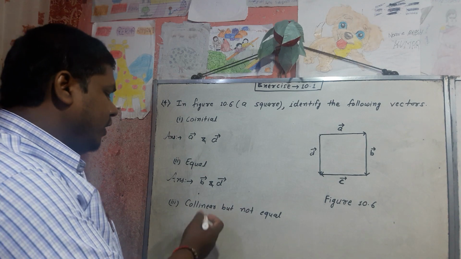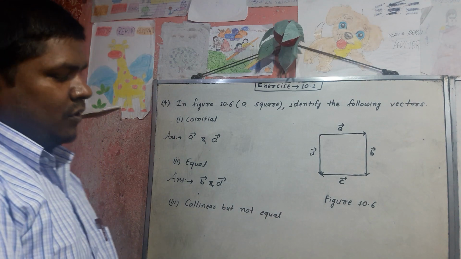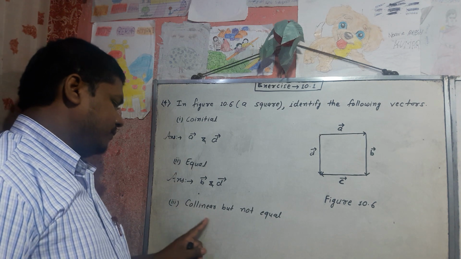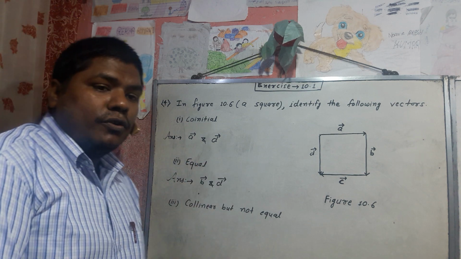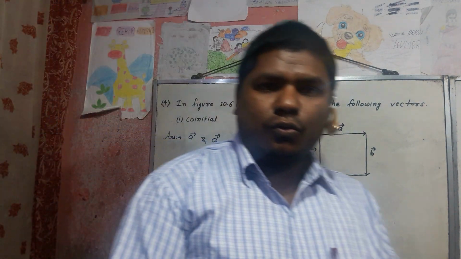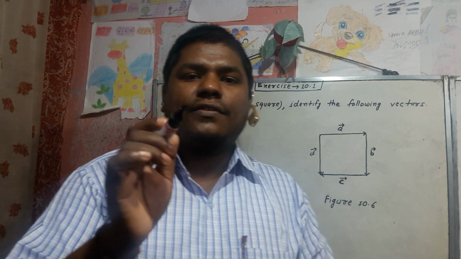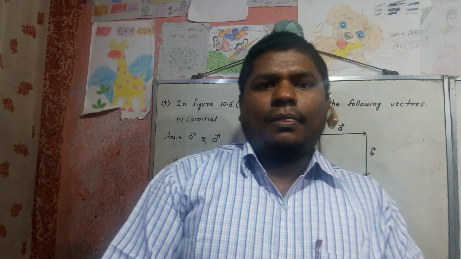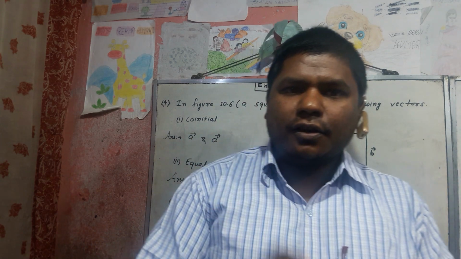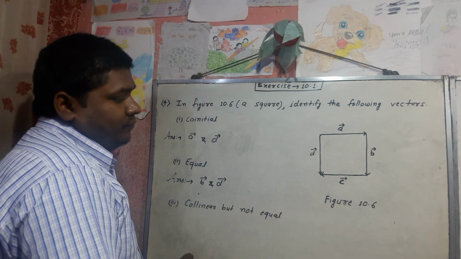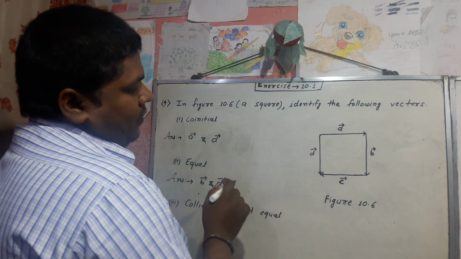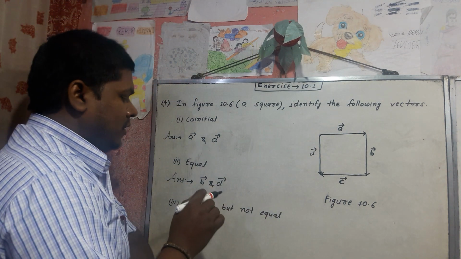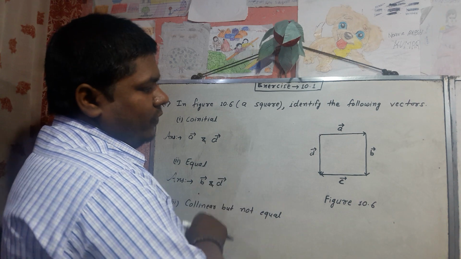Number 3 question. Collinear but not equal. We know that about collinear vectors, two or more than two vectors are said to be collinear if they are parallel to each other. We see in the figure which vectors are collinear but not equal.